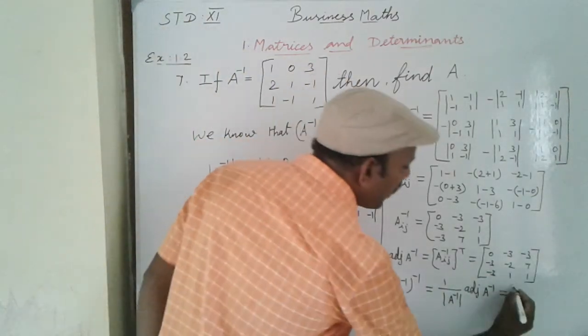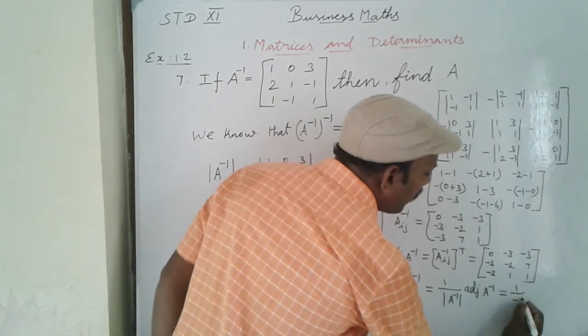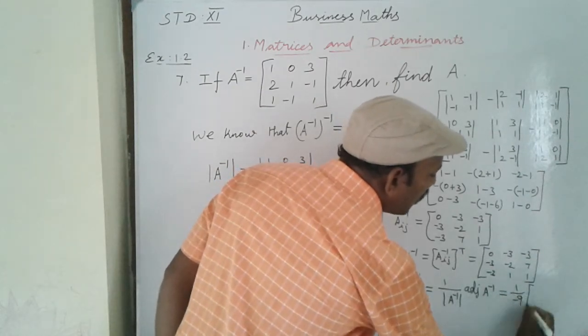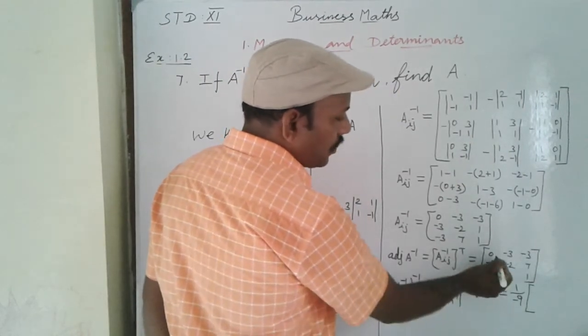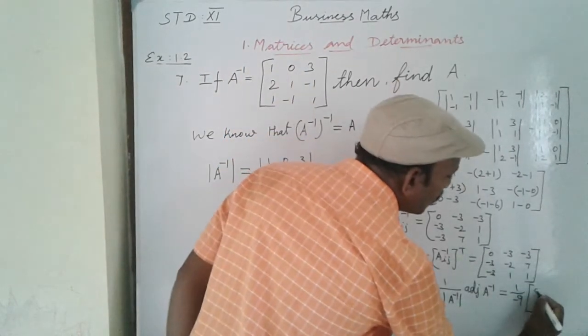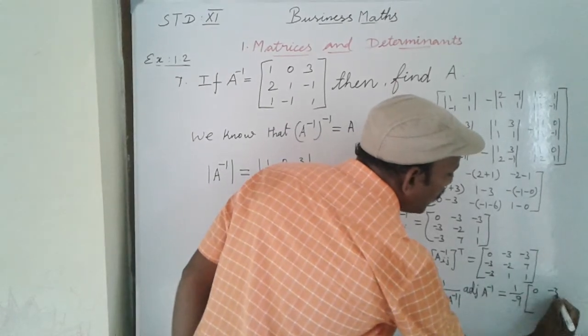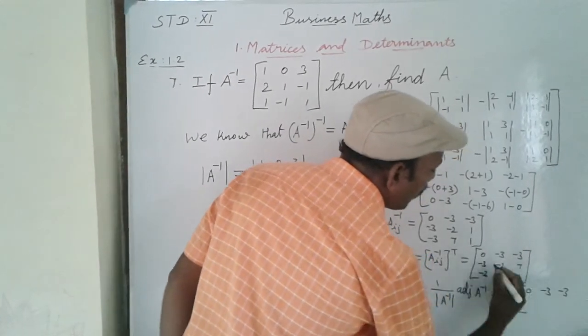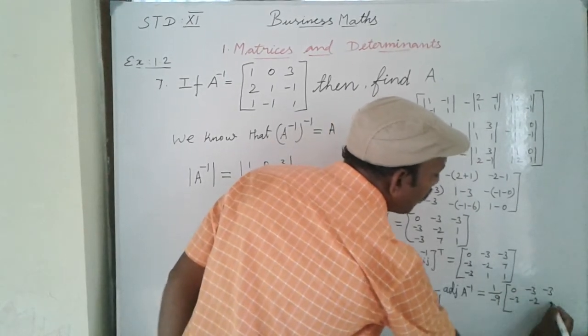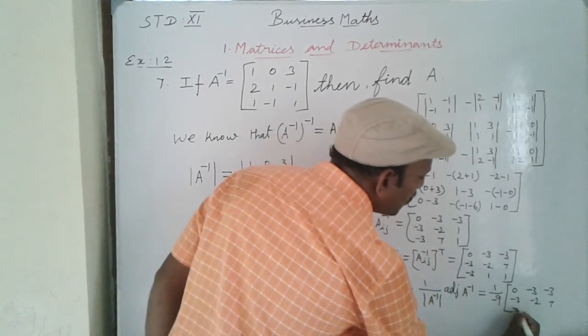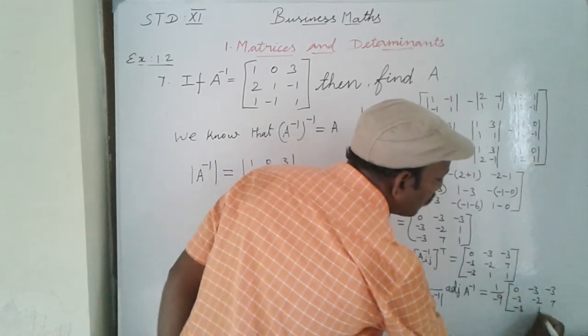So 1 divided by minus 9, times the adjoint of A inverse: 0, minus 3, minus 3, minus 3, minus 2, 7, minus 3, 1, 1.